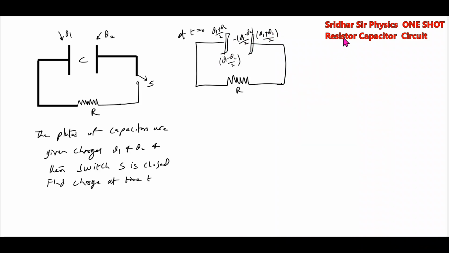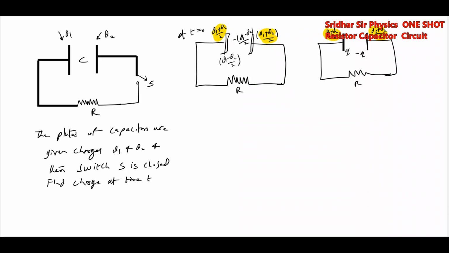When you close this switch, the charge will be this. So this charge will not get disturbed. Only this charge will change. So this charge will remain as it is. This charge will not change.